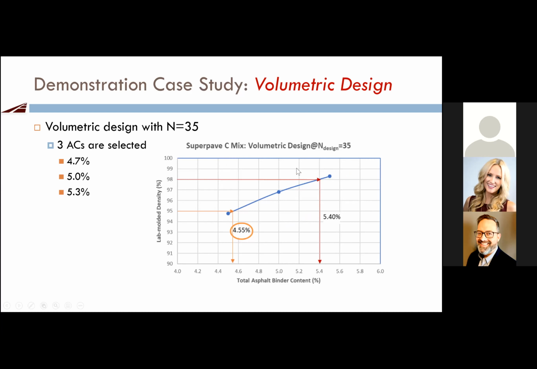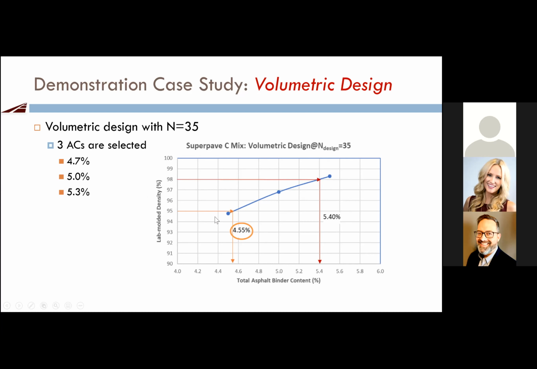For these 3 asphalt contents, we got different lab molded density or air void. Again, our maximum density is 98, or 2% air void. So as for the binder content of 5.4, we don't want to go beyond this. Beyond this, we're going to potentially have not just a rutting issue, but a bleeding issue.